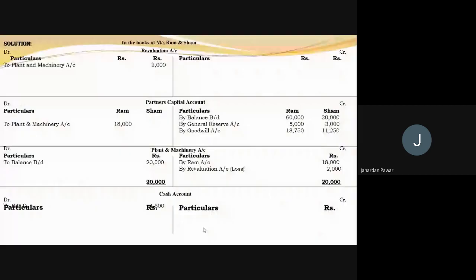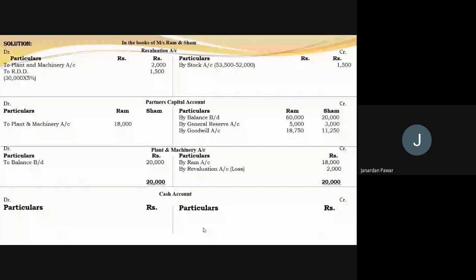Then the next point, that is RDD. We have to charge the RDD on debtors, that is 5% on debtors. You can see on your screen 30,000 into 5%, rupees 1,500. Then the next point, that is the stock account. Stock valuation is also given here in the question.